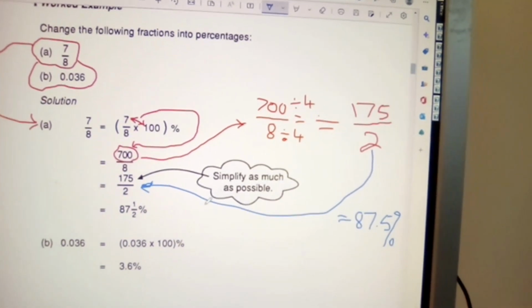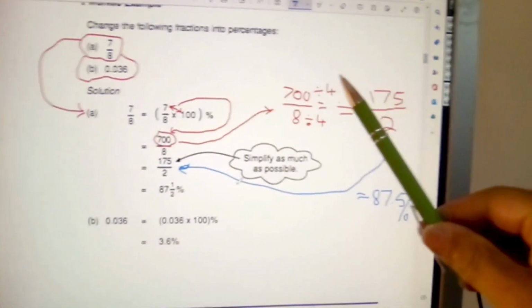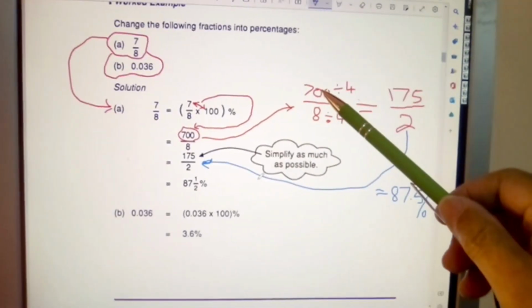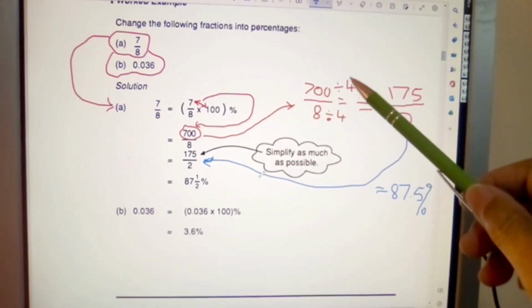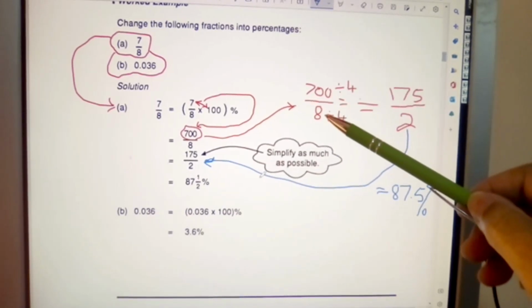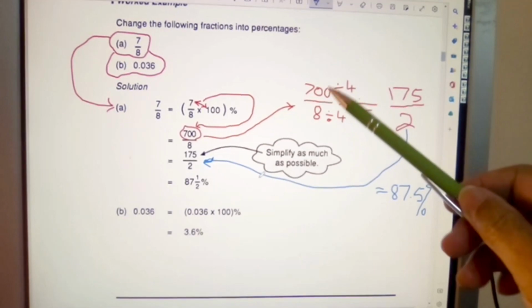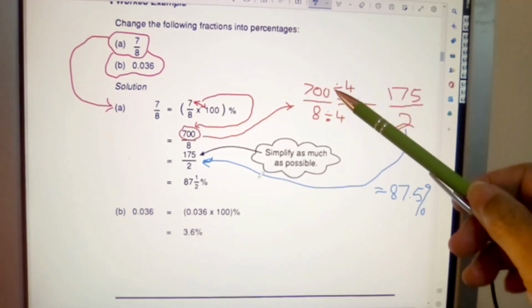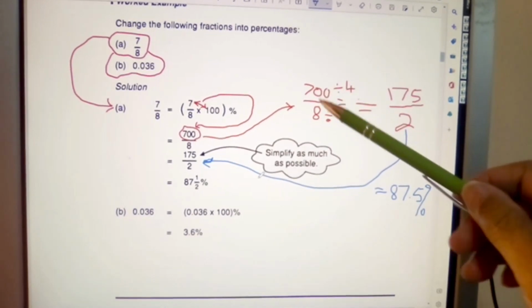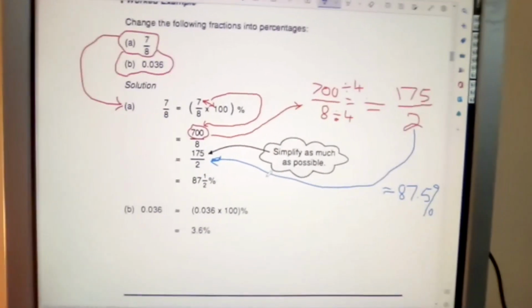Now this number, how do I get 4? Now you have to remember that you're looking for a number that will divide equally into the top and bottom. So I could have started off with 2. So 2 into 8 will go 4 times, etc. It's a matter of finding a number that will divide equally into the top and bottom, and you have to choose that number yourself.